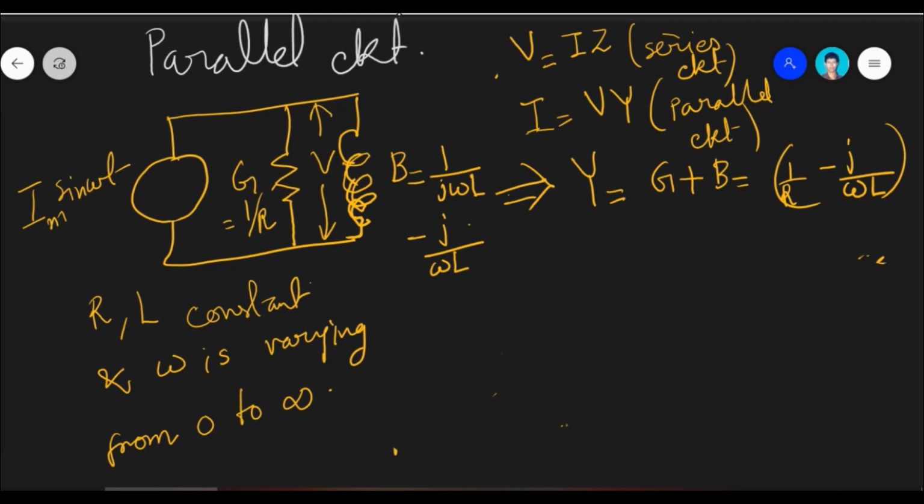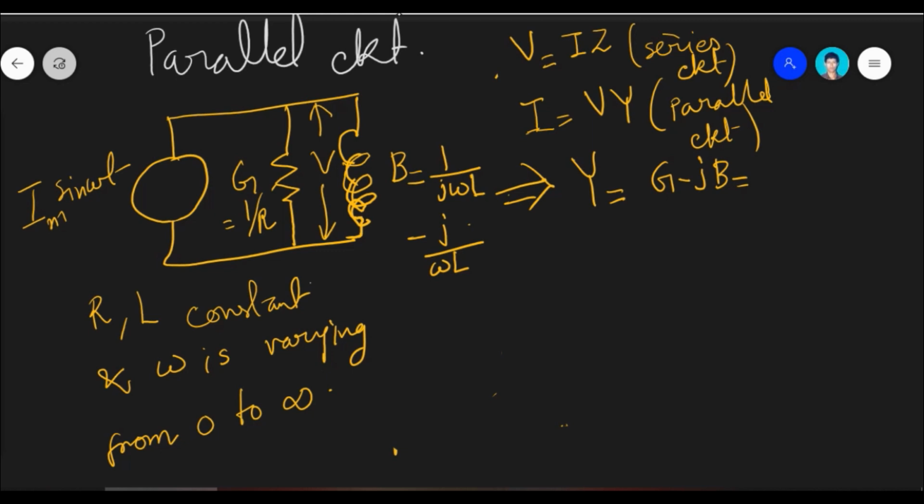Now we will not consider this whole thing. We will only consider them as G and B, and we know that B is 1 by omega L. So this will basically be G minus jB.